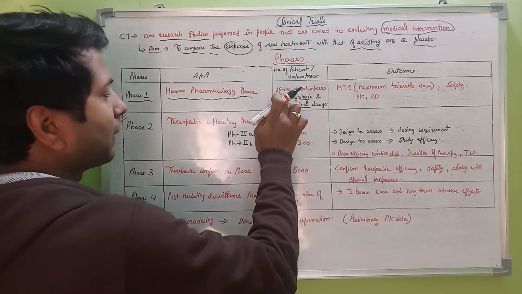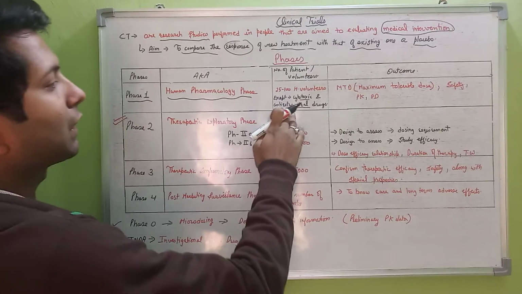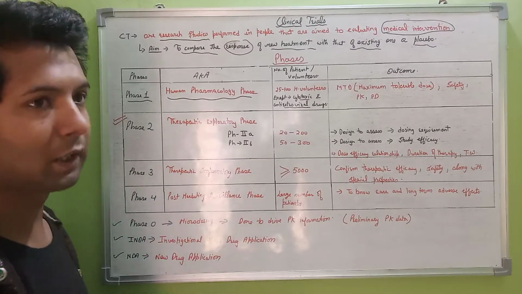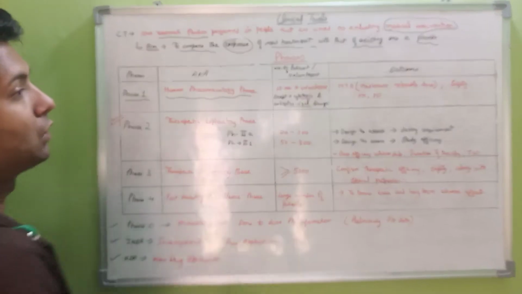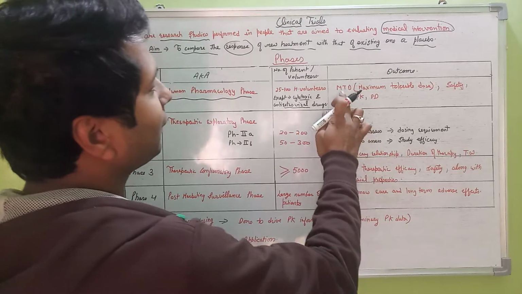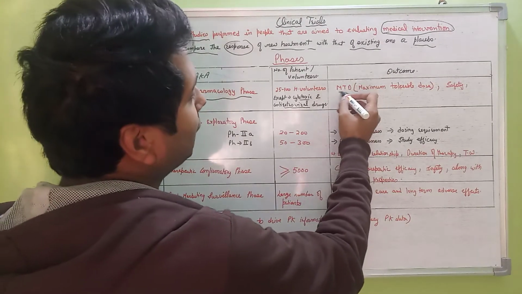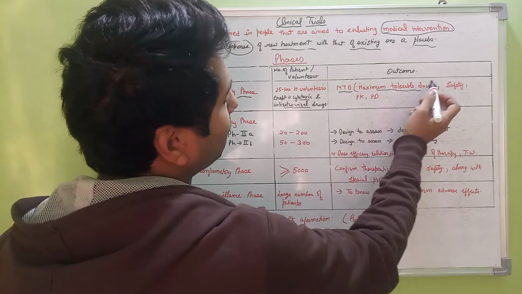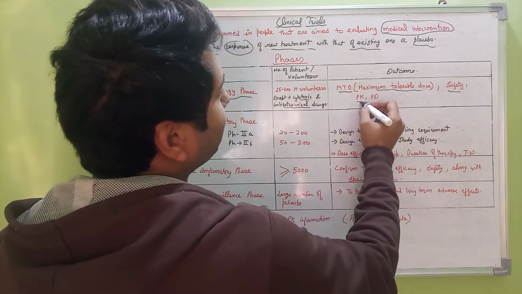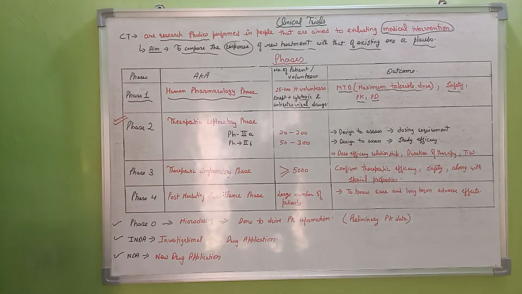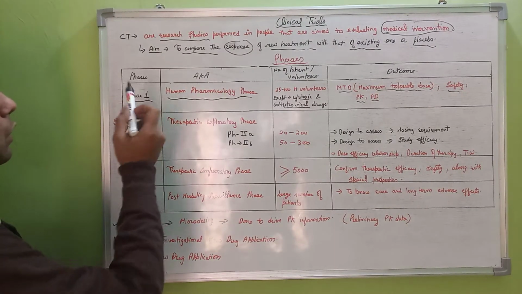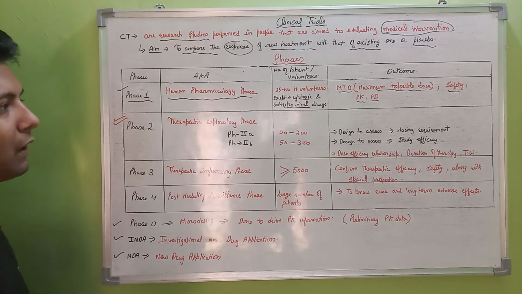If the drug is not cytotoxic or antiretroviral, then we take healthy volunteers. In this phase we evaluate the MTD, that is the maximum tolerable dose, safety, and the PK and PD properties of the drug. So this is all about phase 1.